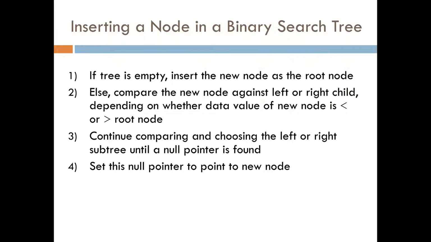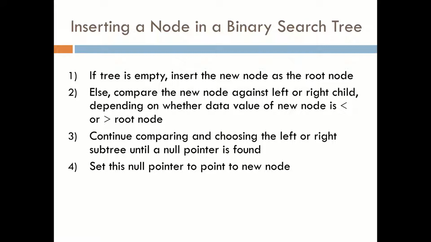Now let's look at how we insert nodes in a binary search tree. Basically, we're going to start with a potentially empty tree and a list of values to insert into the tree. We'll use simple integers here to get the point across, but the value can be anything as long as we can compare two values being less than or greater than or equal to one another.